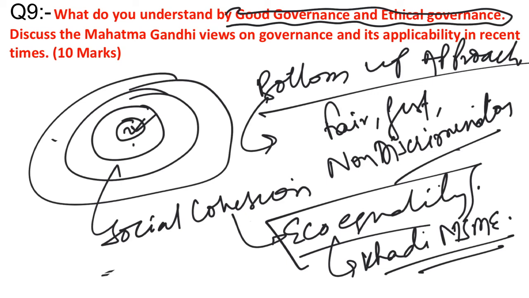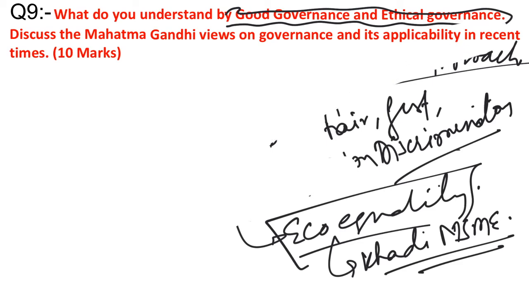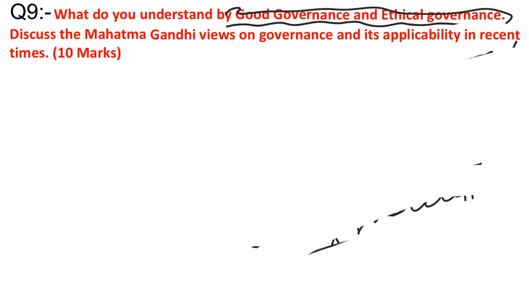So now the next thing that you will also have to talk about is the applicability. Whenever you are looking at the capitalist system and how the capitalist system is leading to inequality, Mahatma Gandhi's ideas on governance are a way out.